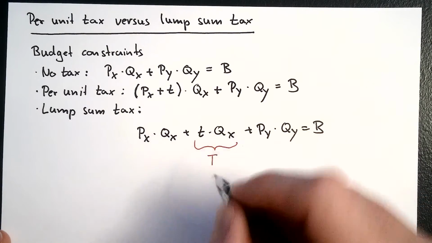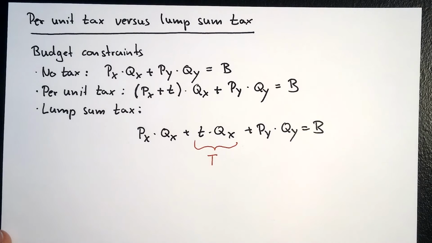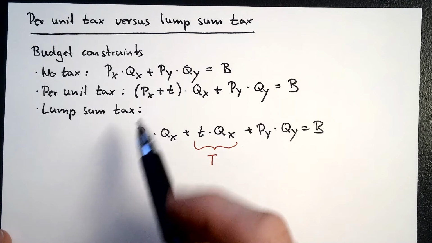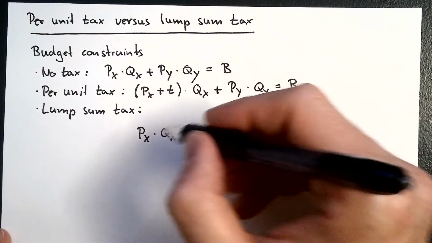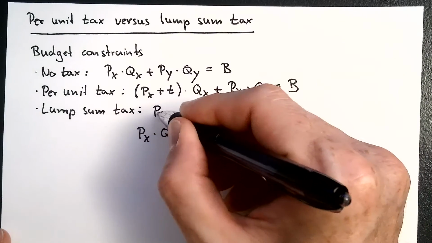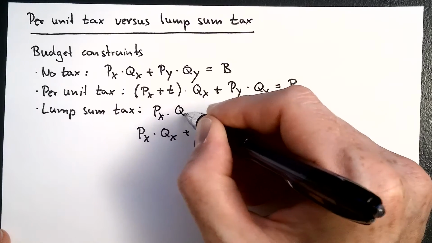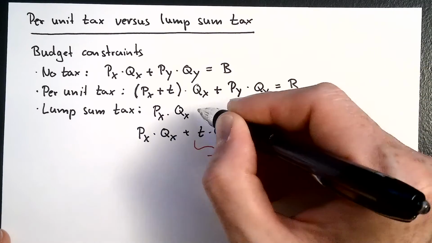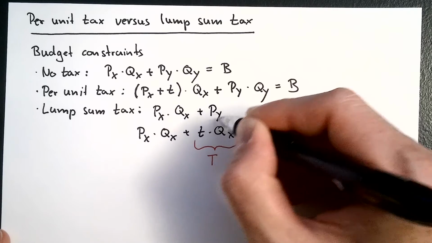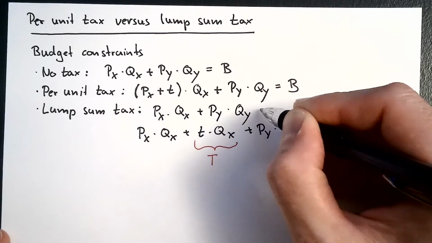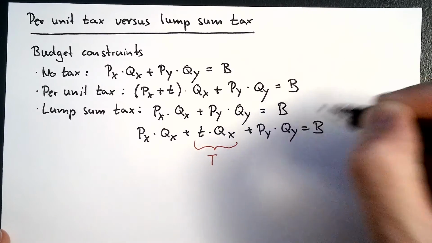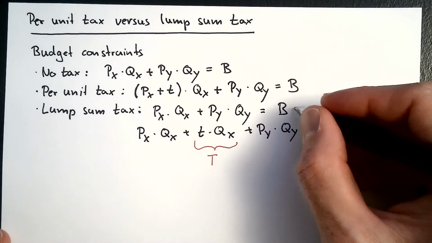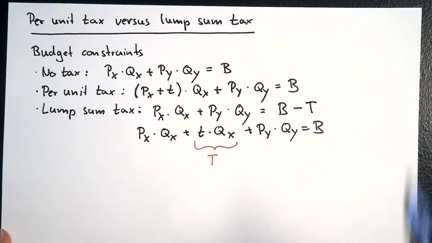And we set this to capital T. So hence the budget constraint for the lump sum tax is going to be Px times Qx plus Py times Qy equals the budget we had initially minus T, where T is the same amount as the per unit tax revenue.